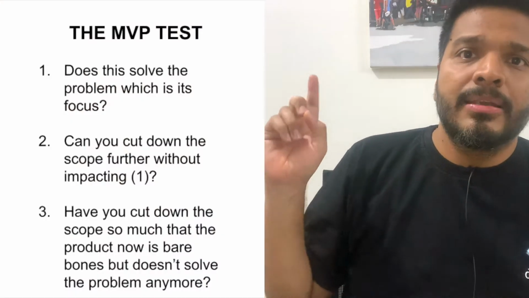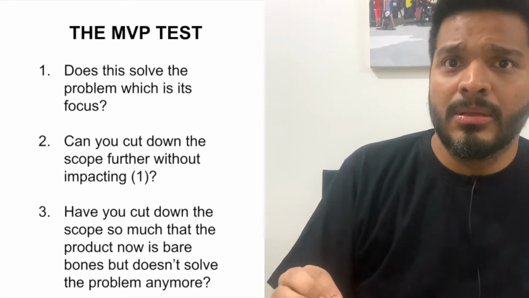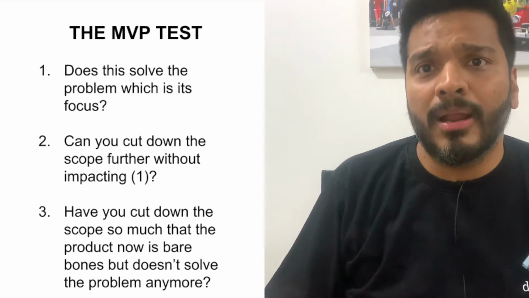The thing is, it's very easy to understand the definition of MVP, but when it comes down to actually implementing an MVP, that's when people start to get confused. A good way to do it is for you and your team to ask yourself the following questions when you're looking at your proposed MVP. Number one, does this solve the problem which is its focus, the reason why you're building out this product?